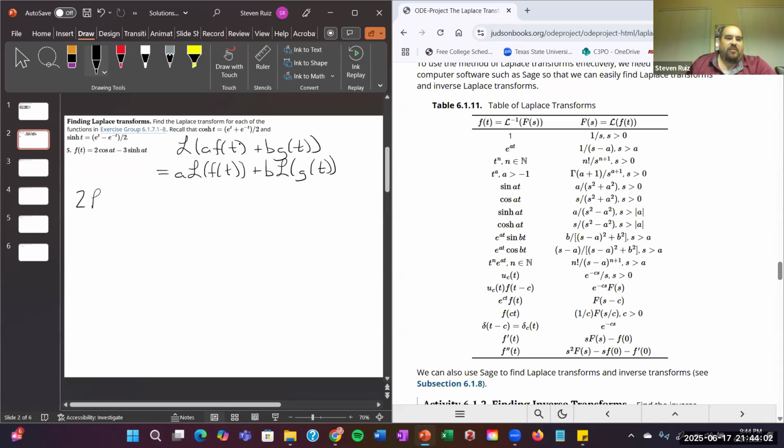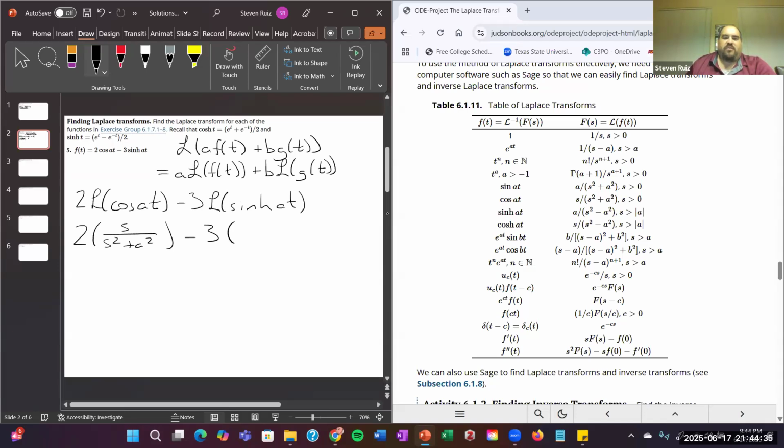What is 2 times the Laplace transform of cosine at minus 3 times the Laplace transform of sinh of at, not sine hat, whatever, you know what I mean. Those come directly from the table. So the Laplace transform of cosine at is s over s squared plus a squared.